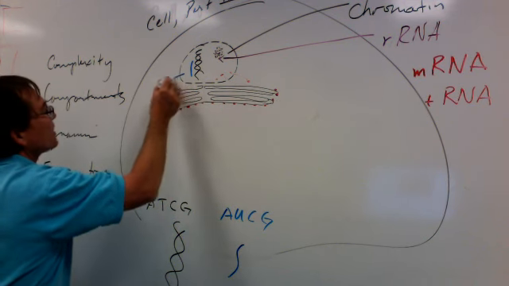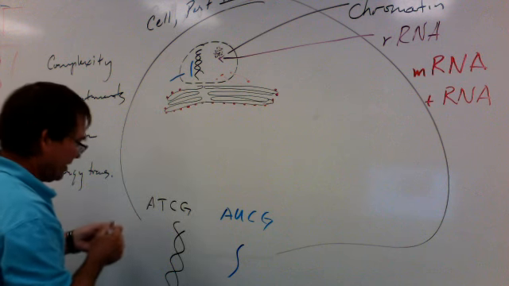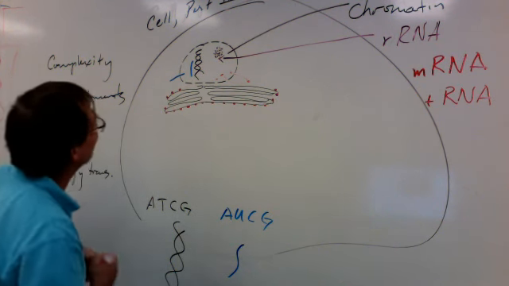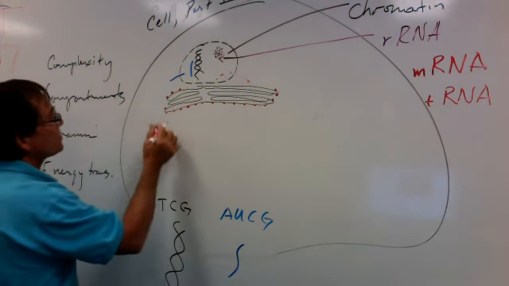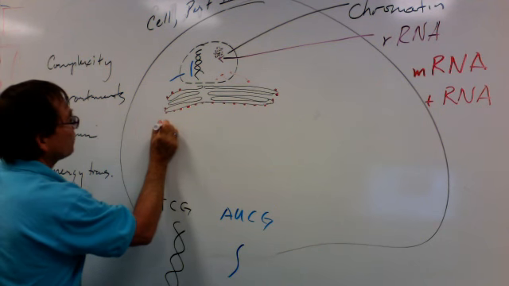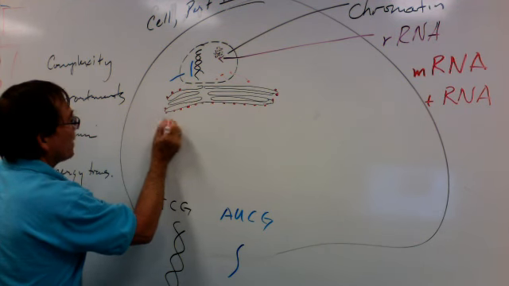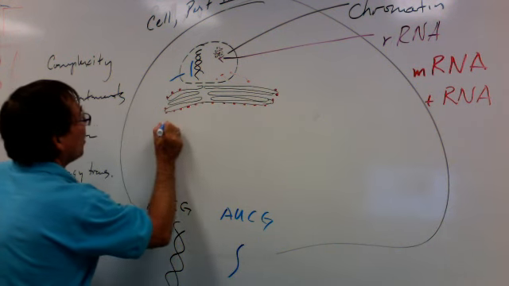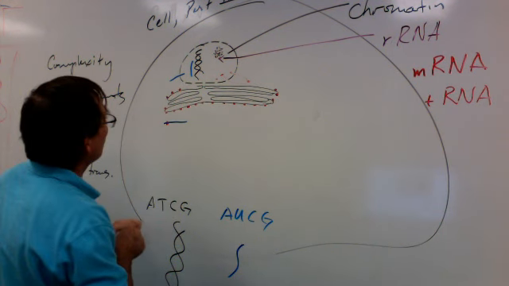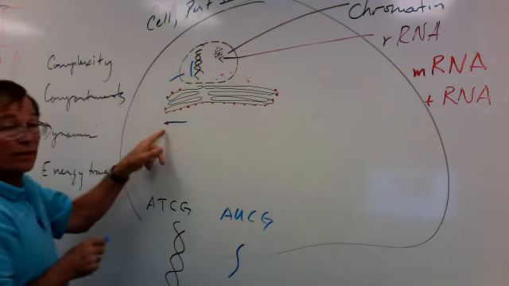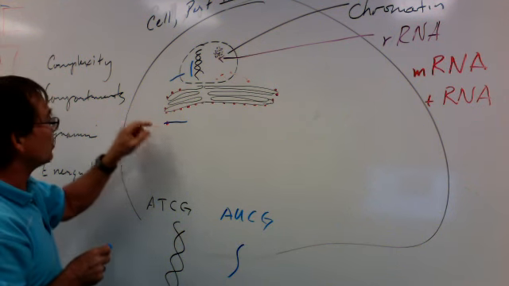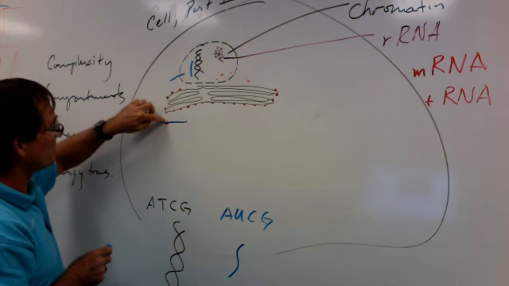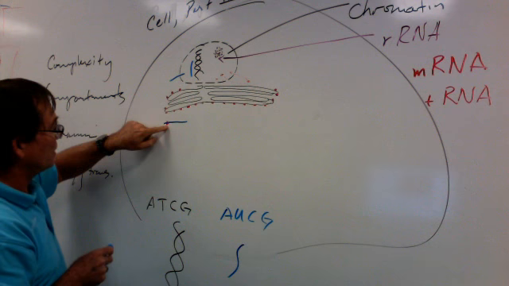It diffuses out of the pores of the nucleus, and then when it collides essentially with a ribosome, it forms a complex. So here I've shown, I don't know if you can see it, it's very small, sorry, the small subunit and the large subunit.